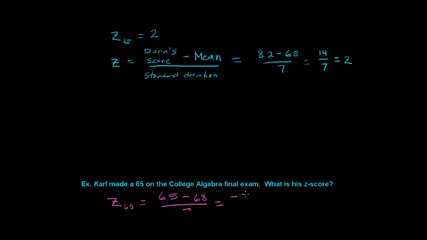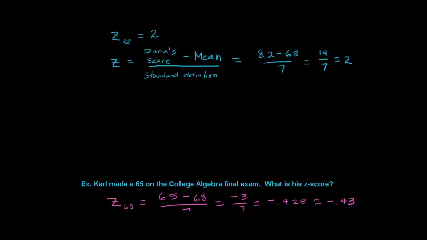And I get negative 3 over 7, and as a decimal, negative 0.428, it goes on a bit, but we'll approximate that to 2 decimal places, negative 0.43. Usually, z-scores are rounded to 2 decimal places.